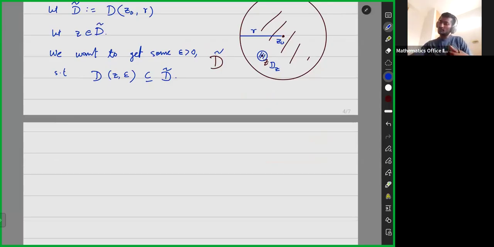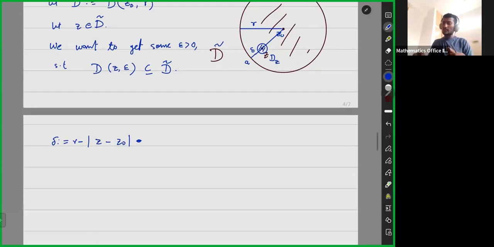So I will construct a line from z naught to z, and extend it to the circumference, and we get some point on the circumference, let's say it is A. Then we consider this length as delta. Delta is defined as r minus the distance between z and z naught. r is the biggest radius of capital D, and we are subtracting this distance.